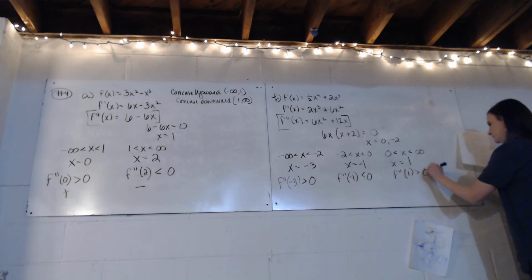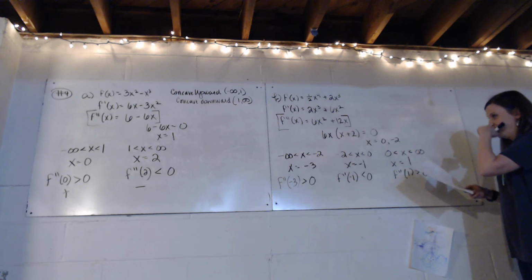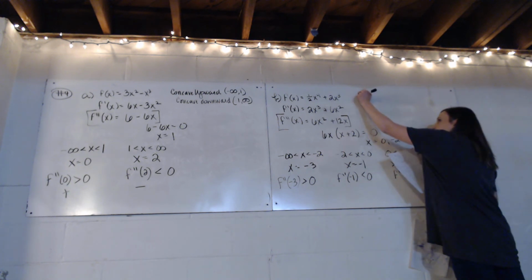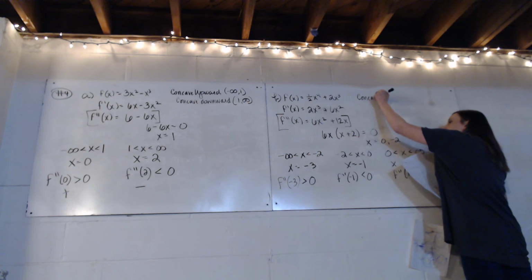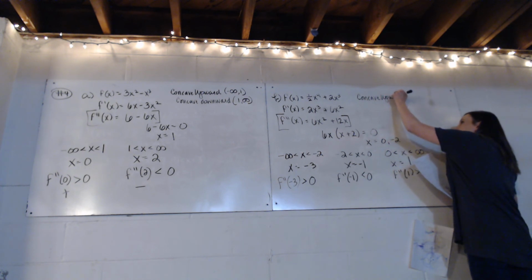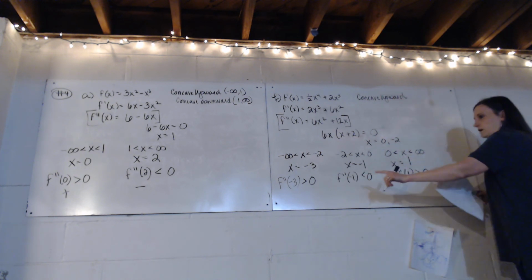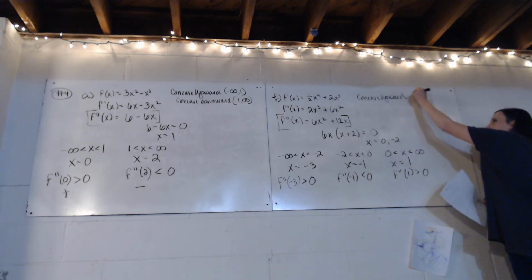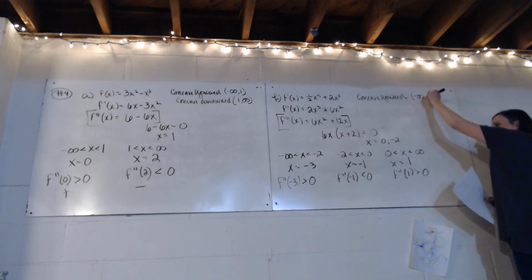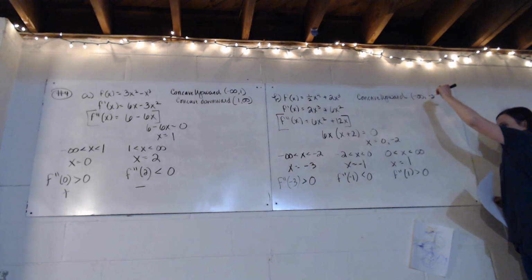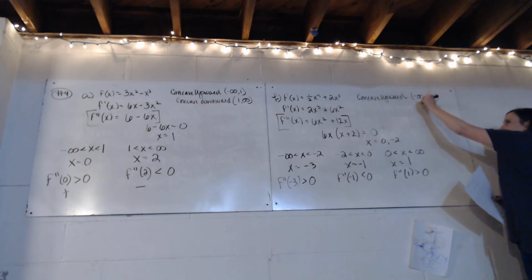So this means that I am concave upward from negative infinity up to negative 2, and then from 0 up to infinity.